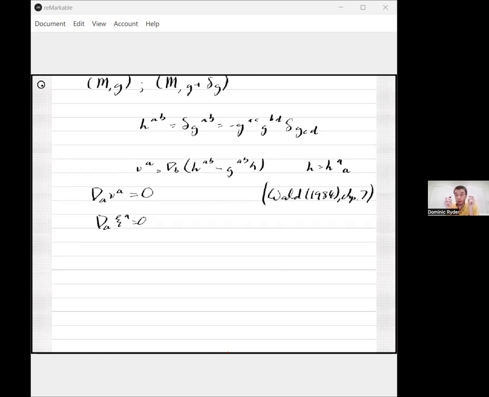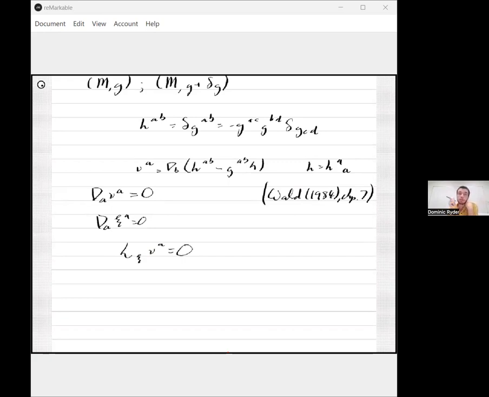For stationary perturbation, so for perturbation which doesn't change along time like Killing vector fields, we have the Lie derivative of VA with respect to xi equals 0.